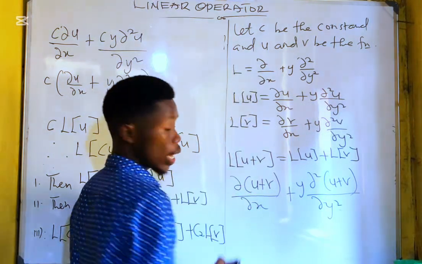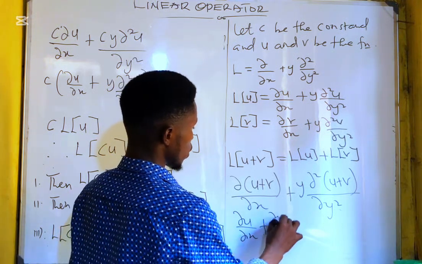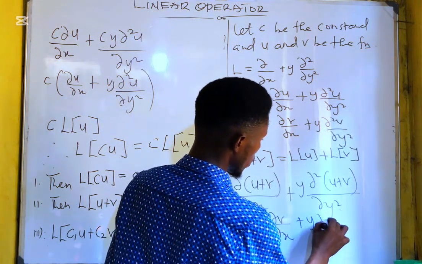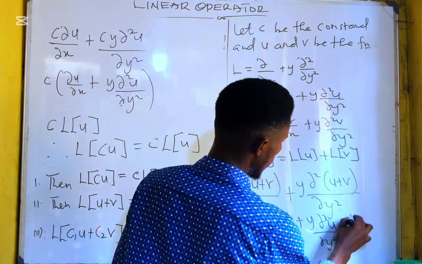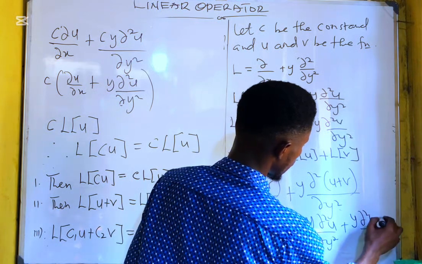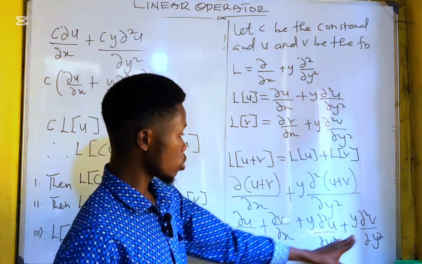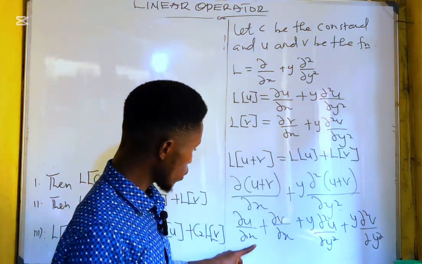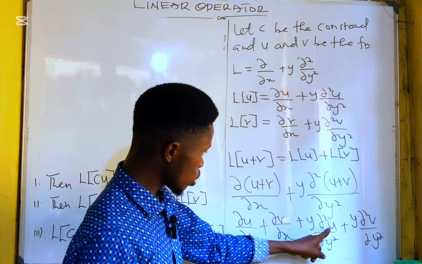Here, I can split the numerator to get ∂u/∂x plus ∂v/∂x plus y ∂²u over ∂y squared plus y ∂²v over ∂y squared. So I'll split the numerator, and remember that y is multiplied, so it will affect everything there. Now looking at this, you realize that ∂u/∂x, and here too is ∂²u.